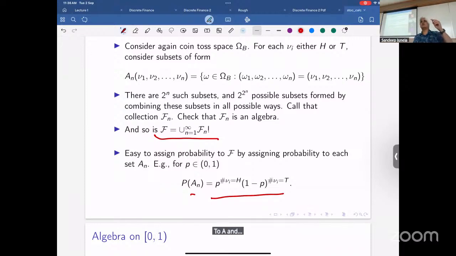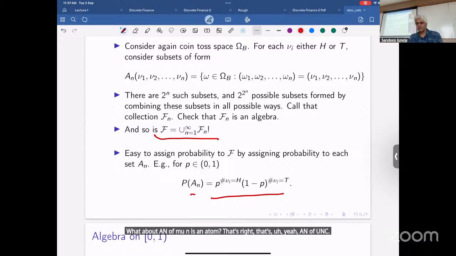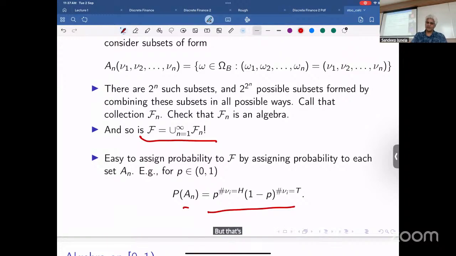An of nu n is an atom, and I'm hiding nu n here, but that's true.